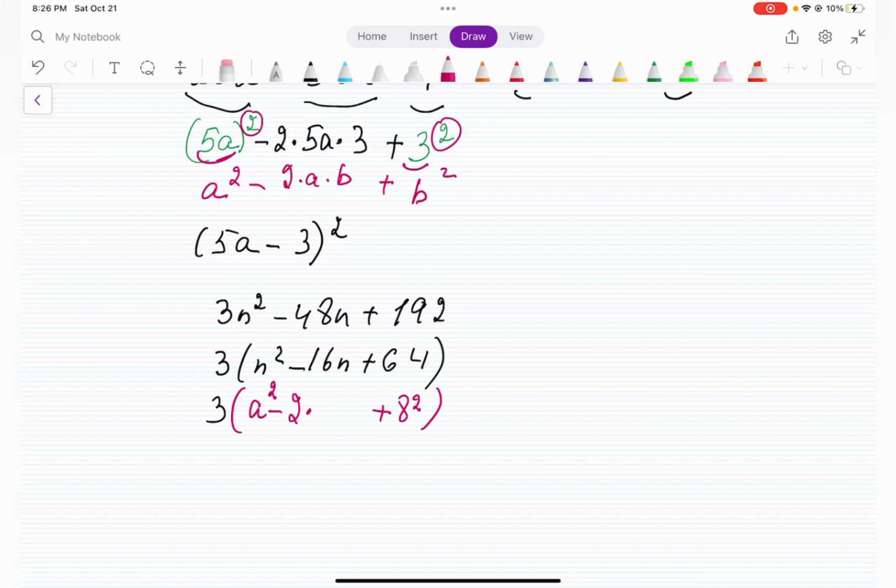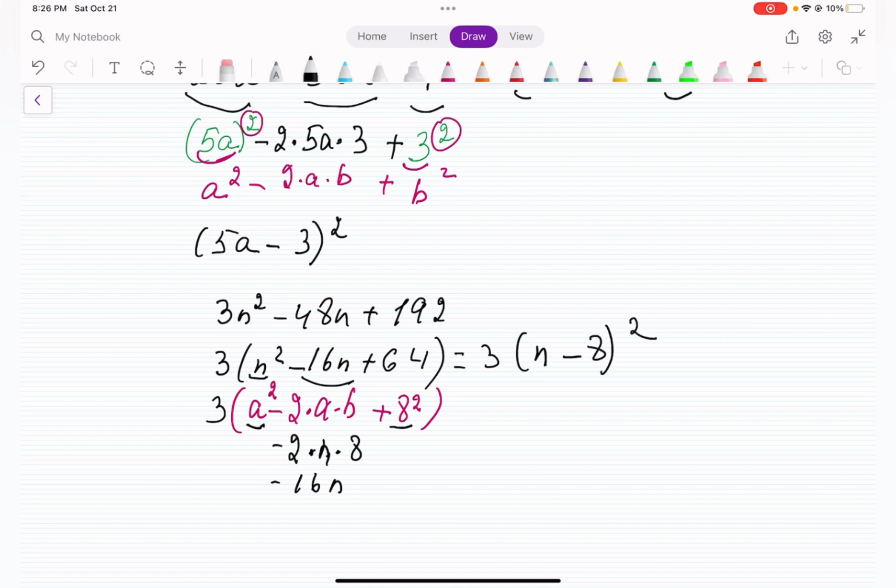Okay, let me rewrite this way. So my a is n, 2 times a is n and b is 8, right? Did I get minus 16n? Yes, it's matching, which means it's going to be 3 times (n minus 8) squared.